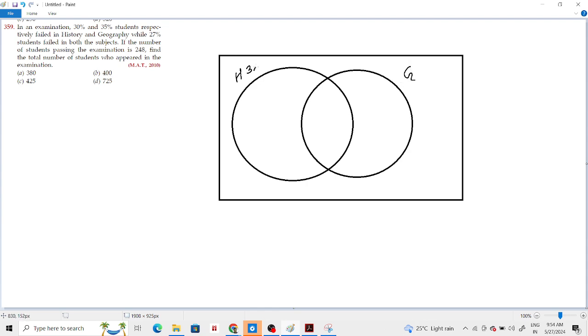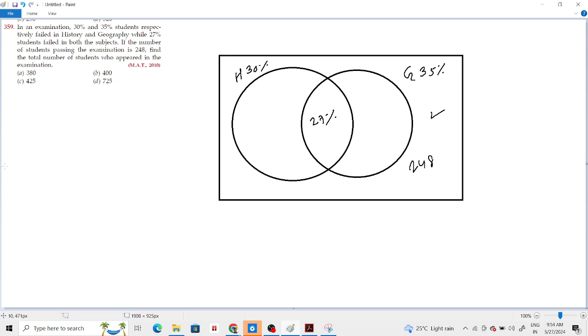In history 30% failed, in geography 35% failed, 27% failed in both. Now you see, if these circles represent failure, then what does this empty part represent? Pass. Right, pass. So it is given the number of students passing the examination, so this portion is 248.